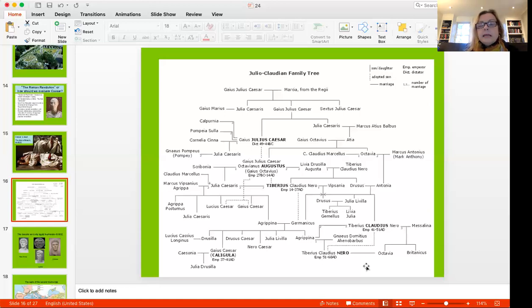So if in a family there are not enough children and none survive to adulthood, it is a sort of tool to continue the family line, which is also partially based on the Roman obsession with family traditions and having ancestors. And we know that when you get adopted into a family, you don't just simply inherit money and property, but you also inherit this family tradition of being part of a line.